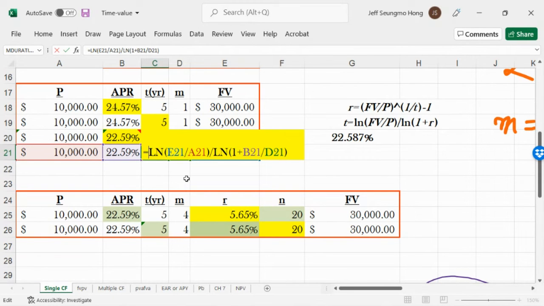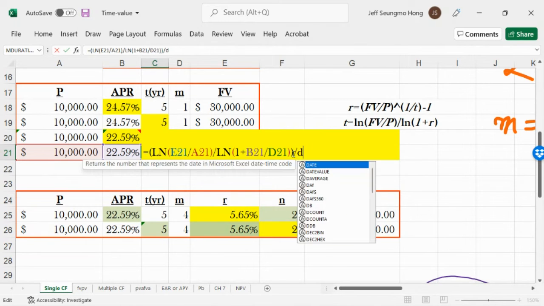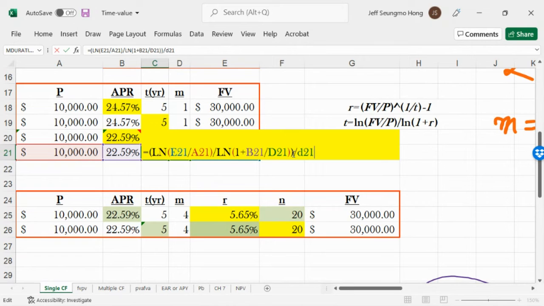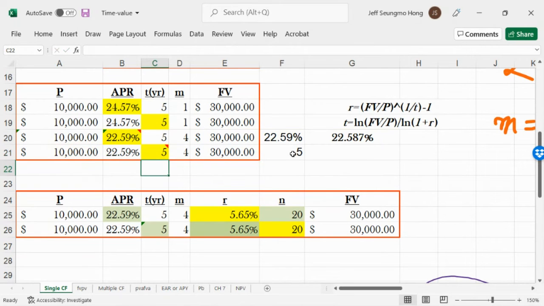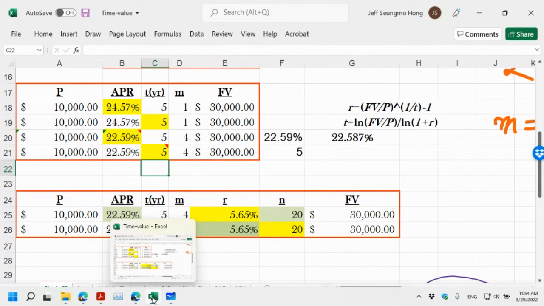This whole thing is quarters, so you'll need to divide the whole thing by m, which is in D21. Put the whole thing in parentheses and divide it by m. And enter, you'll get 5. All right? So everyone got this? Everyone is okay with this? Yep, that makes sense. Okay, good.